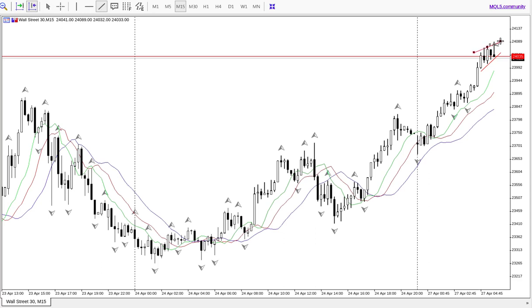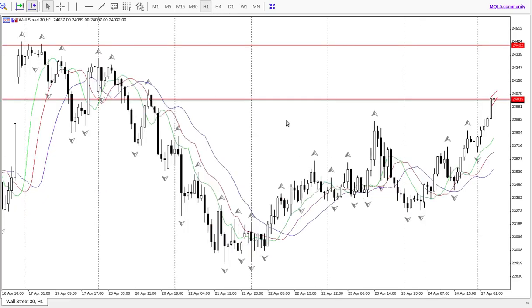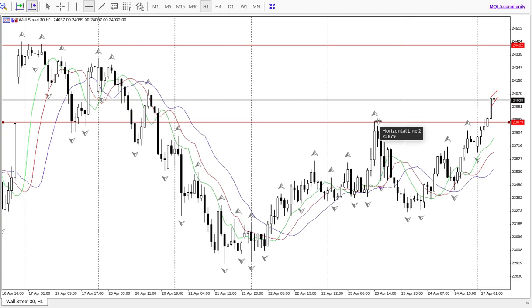Okay, so I would say that we're probably going to reject this level now and move down to the open. Europe is about to open at the moment, so it wouldn't surprise me to see a pretty rapid move down. And then what I'm looking for is to see what happens over here. So 23879 is what I'm looking for.